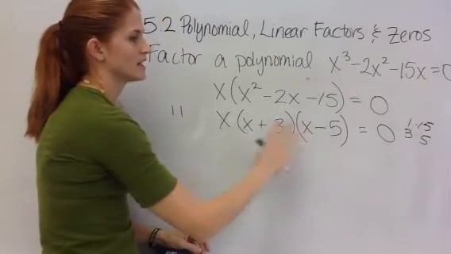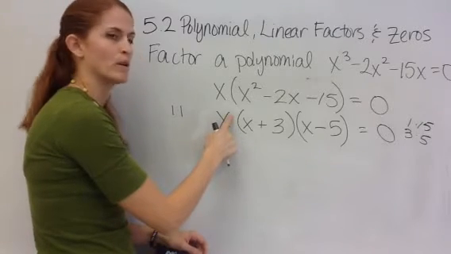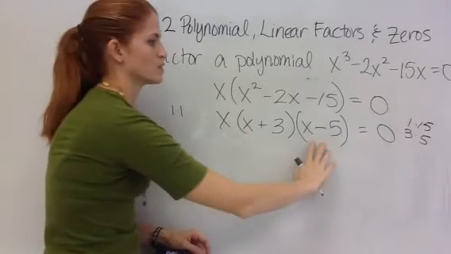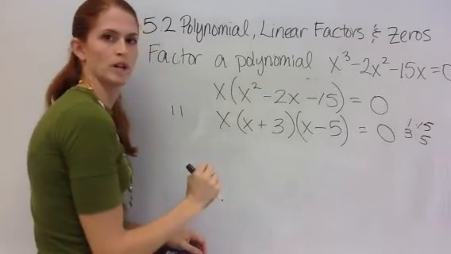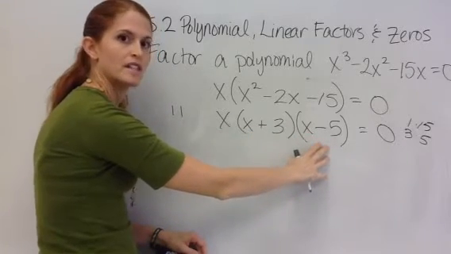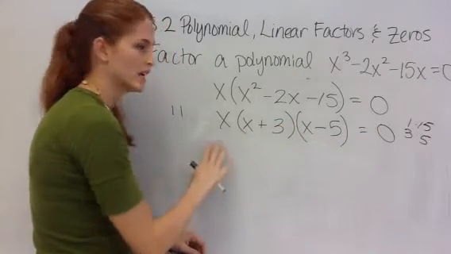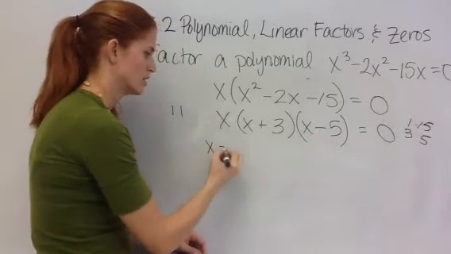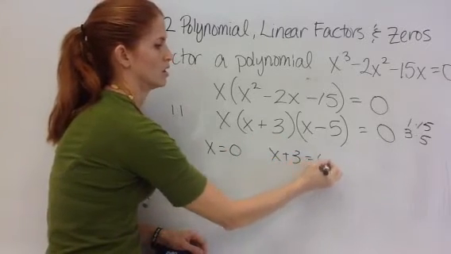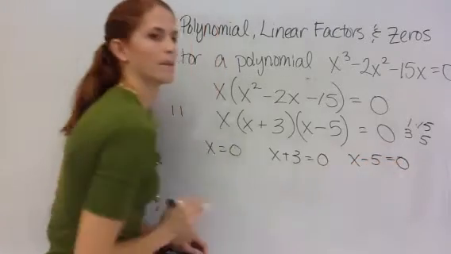Now that I have this, I have it broken down into linear factors. It's linear because the exponent here is a 1. This is linear because the exponent is a 1, and this one is also linear because the exponent is a 1. Now that I have them in linear factors, what this tells me is that if these three numbers multiply together to get me 0, either the first one was 0, the second number could have been 0, or the third number could have been 0.